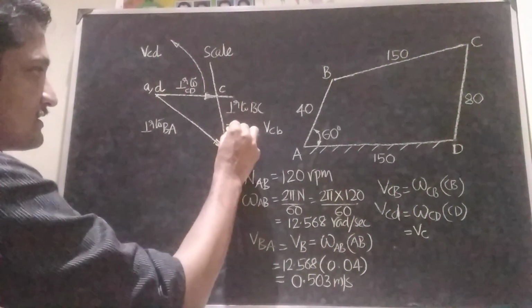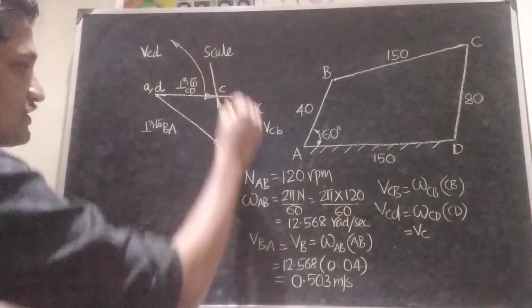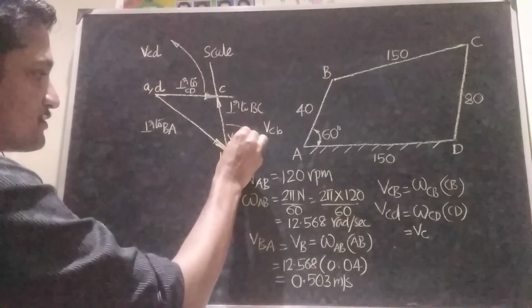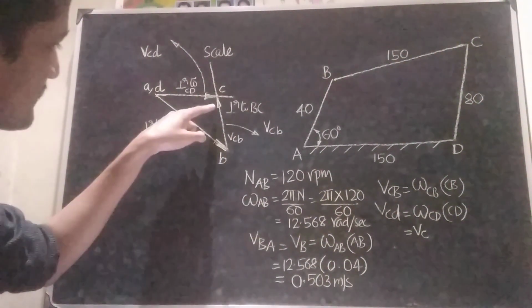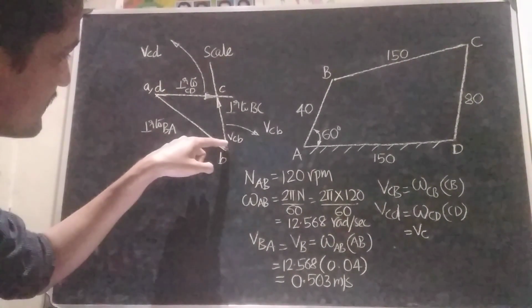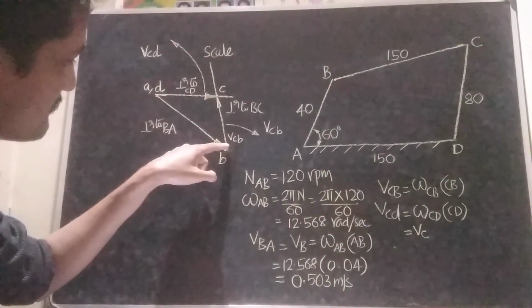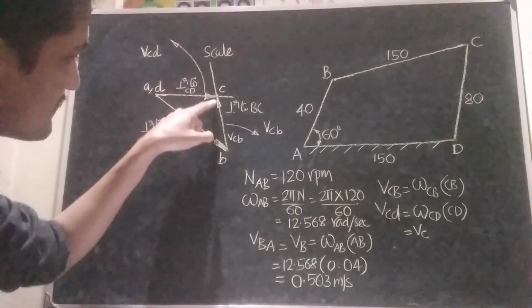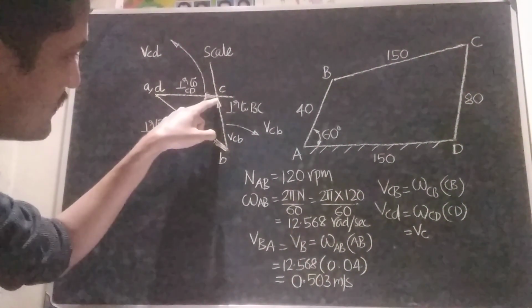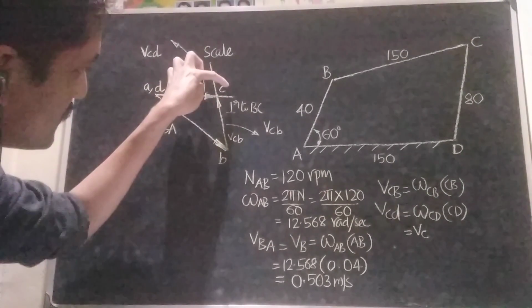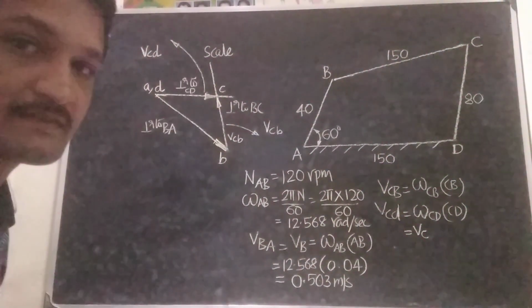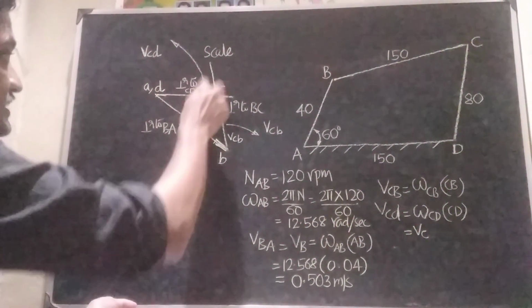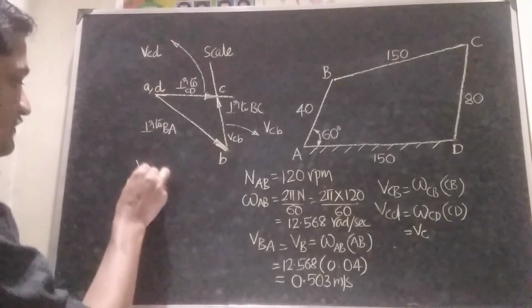Here this one is velocity of C with respect to B. If we represent the arrow tip here, then this part is velocity of C with respect to B. Okay, then we can easily calculate VCD.